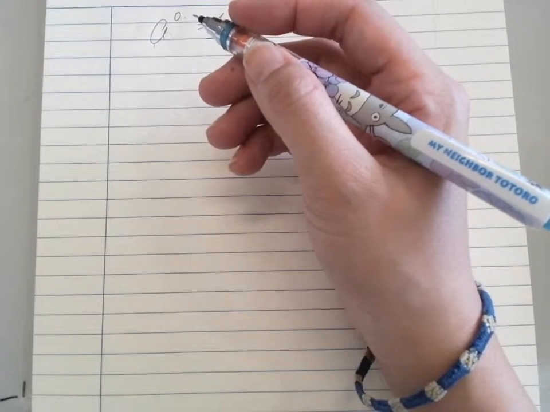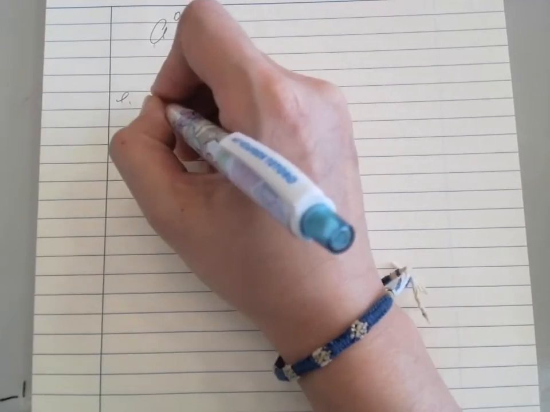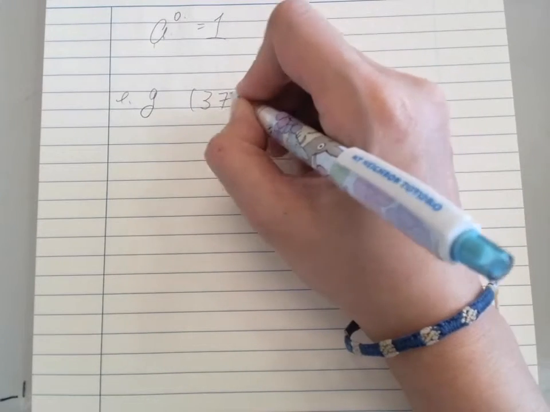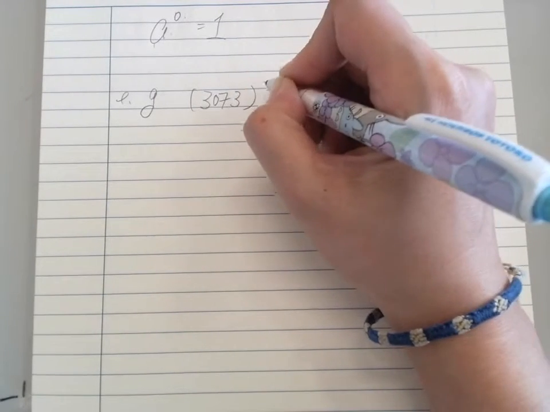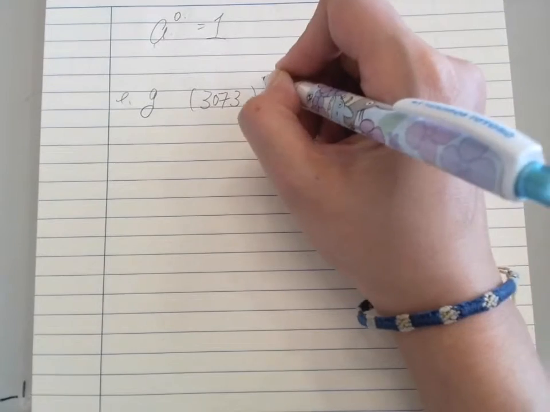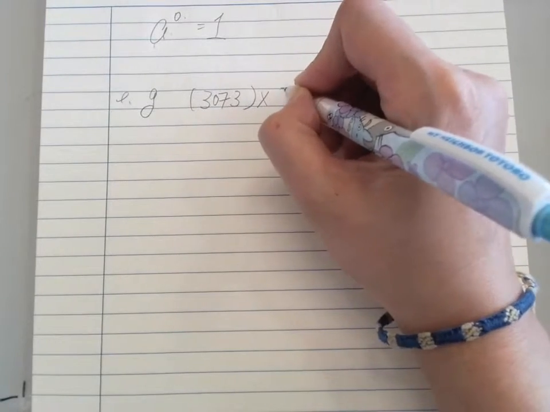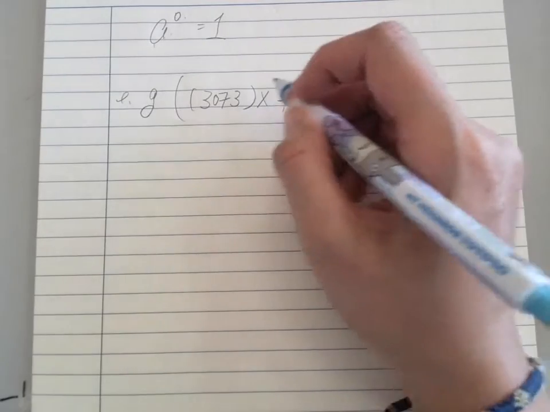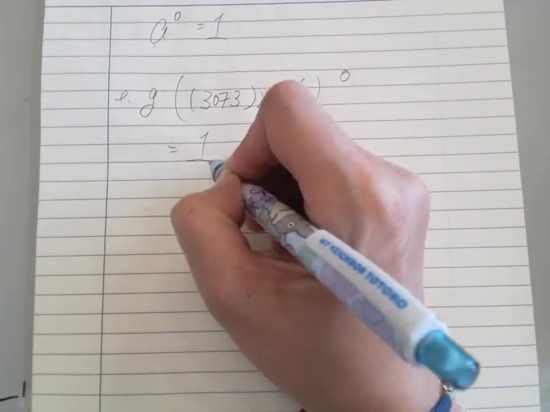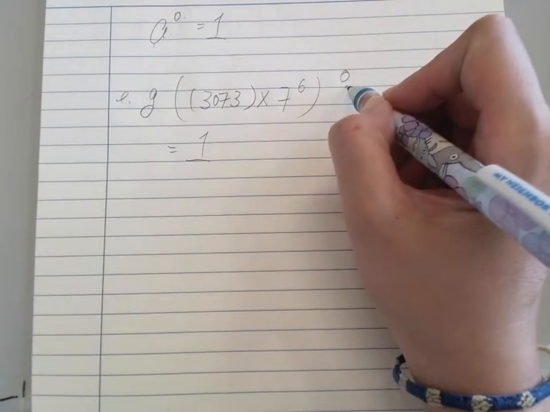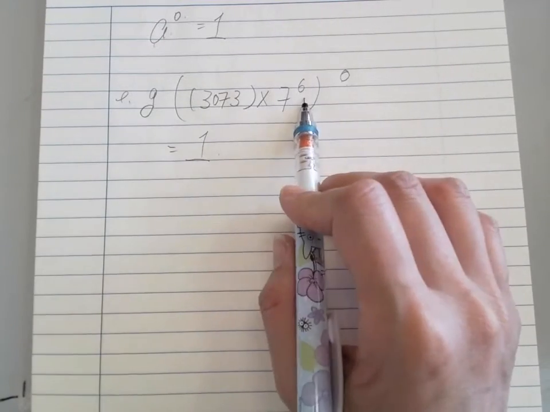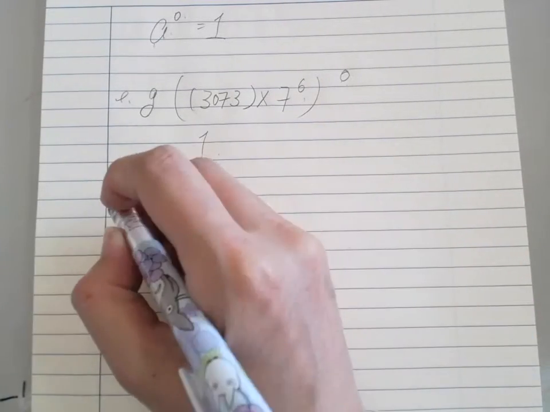Even if it's very complicated, say for example, I got 3 to the power 0 times 7 to the power 6, all to the power 0. No matter what is inside to the power 0, I can just quickly get 1, because anything to the power 0 equals 1. Please do not bother to calculate it, not even using your calculator.